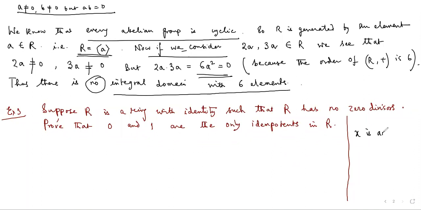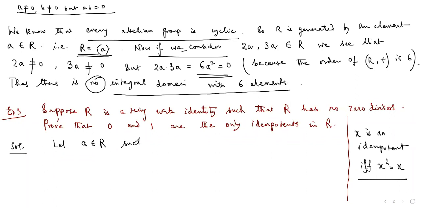x is an idempotent if and only if x squared equals x. This was the definition. So let us consider an element a belonging to R such that a squared equals a. Then a squared minus a is equal to 0, which implies a(a minus 1) equals 0.